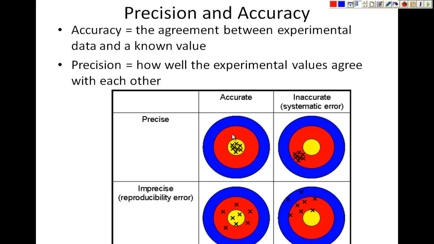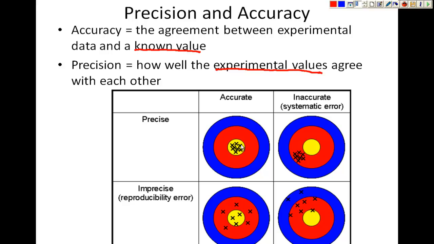So here is a diagram of this, and what you can think of is the target, so the blue, red, and yellow portions of the target. You can think of that as the known value. Okay, and each one of these x's you can think of as the experimental value. So for this first one right here, what we can see is that the experimental values, or the x's, are agreeing with the known value.